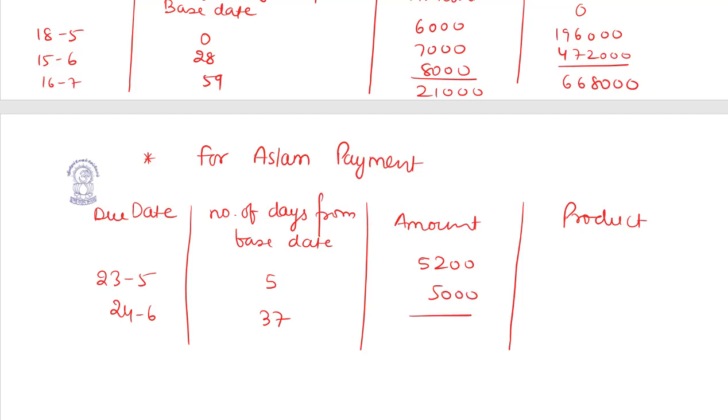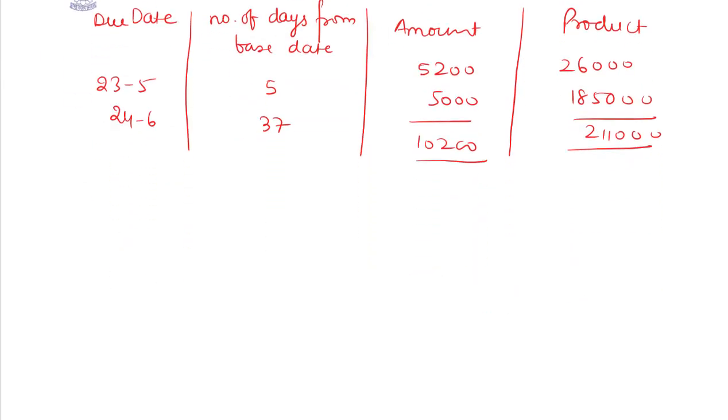Amount is 5,200 and 5,000. Total 10,200. Product is 26,000, 1,85,000. It is 2,11,000.